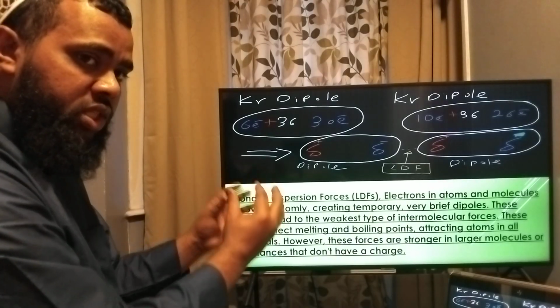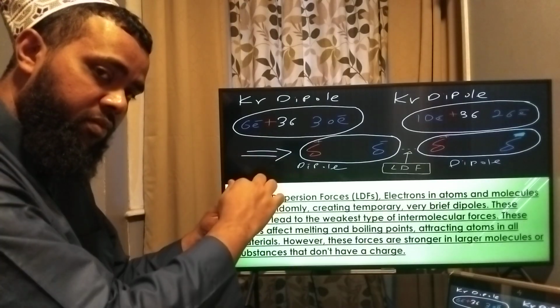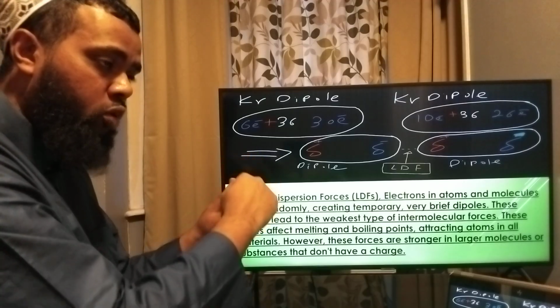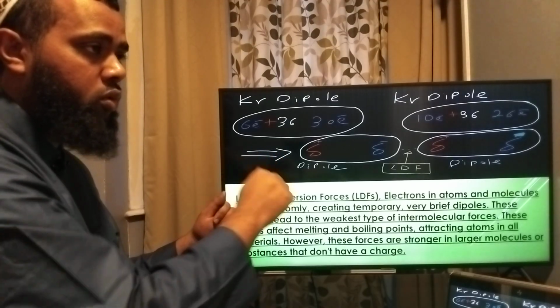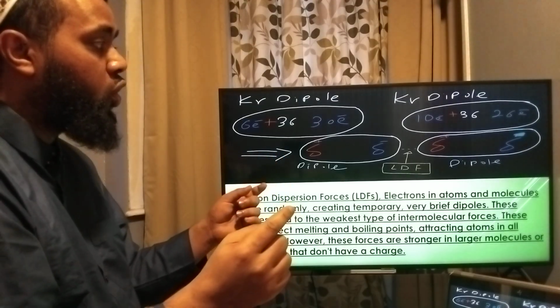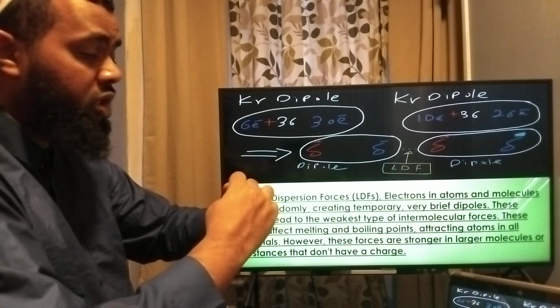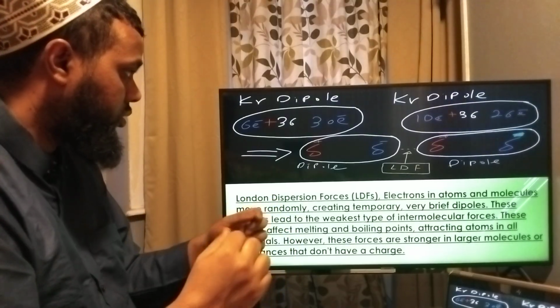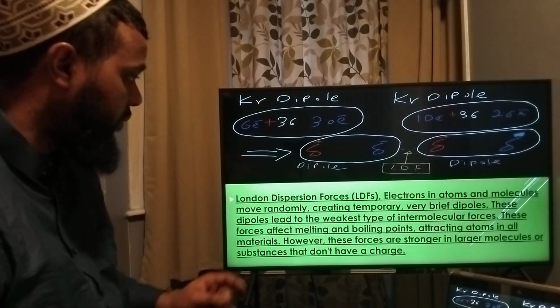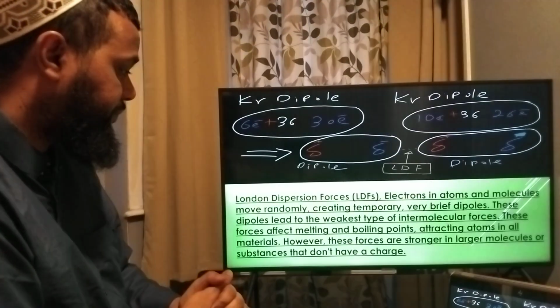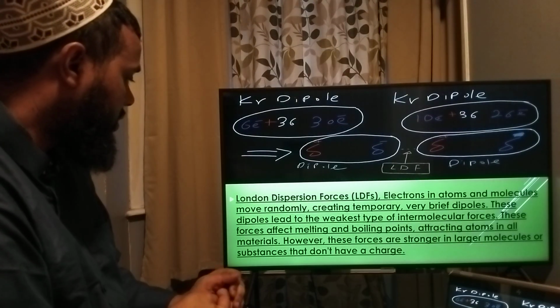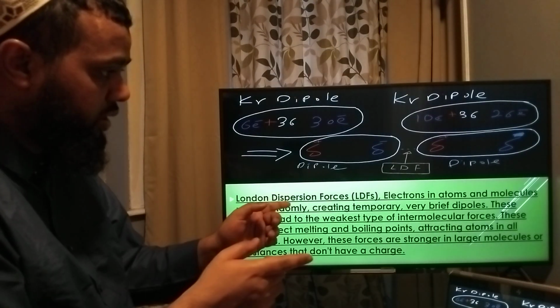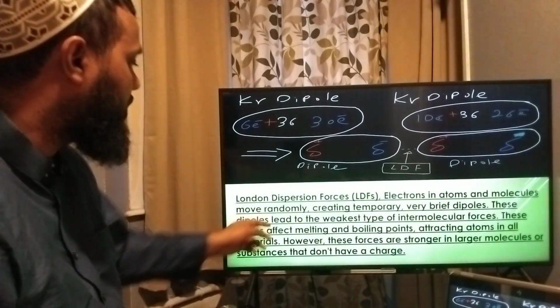The same happens with the other atom or compound, which causes an electric attraction between the oppositely charged poles. Dipole-dipole attraction, intermolecular forces.